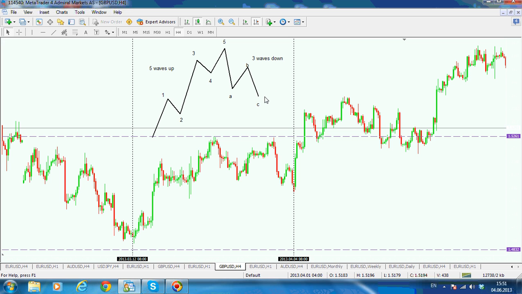Now this is valid in an uptrend, but it is not necessarily to be only in an uptrend. It's valid also in a downtrend.